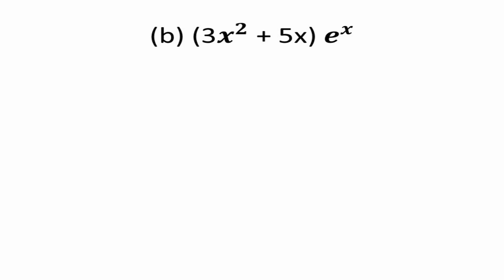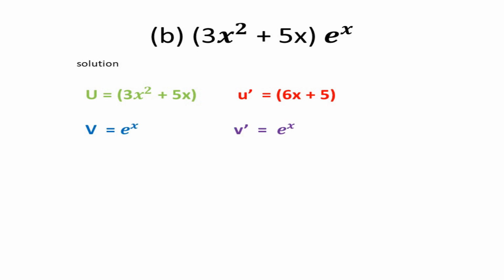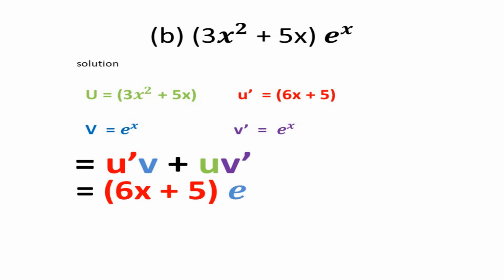The entire bracket will represent u, and e to power x will represent v. Then substituting this into our formula, we'll get 6x plus 5 e to power x plus 3x squared plus 5x e to power x.